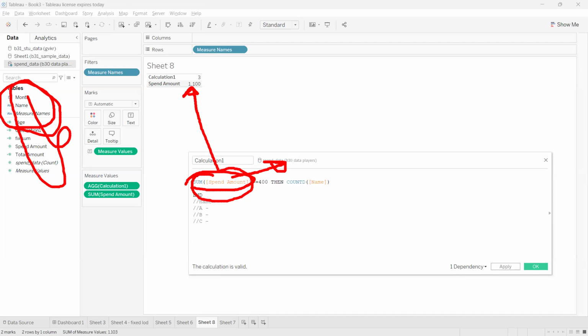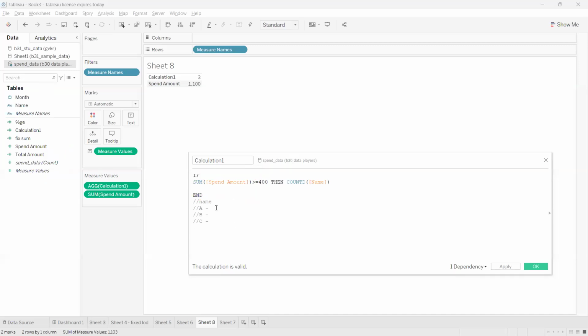So we have to tell Tableau to first take the sum of amount for each and every person in the name field. Then we compare each and every person with this 400, the right side amount, to see whether it is greater than 400 or not.